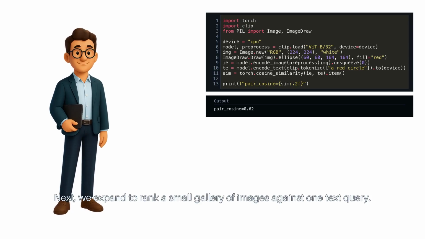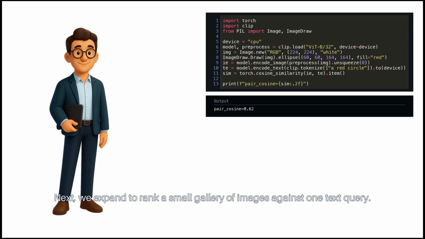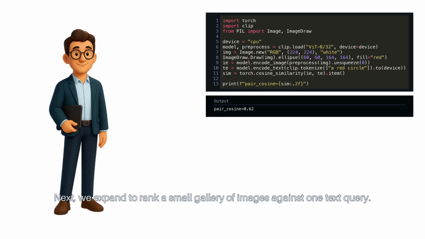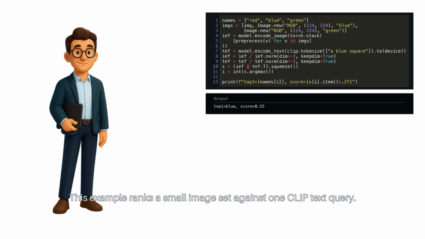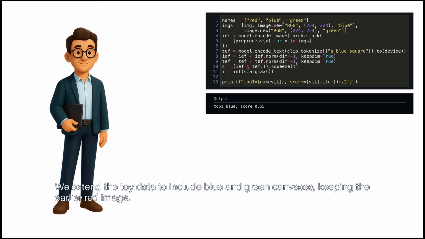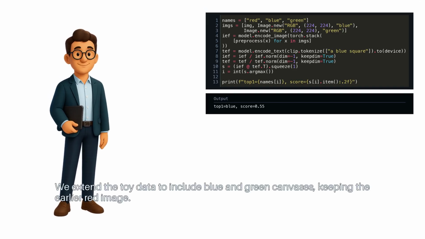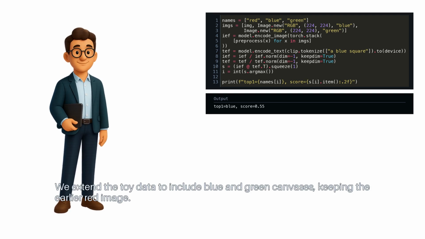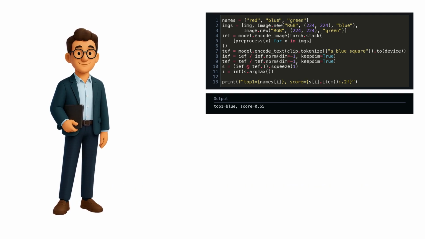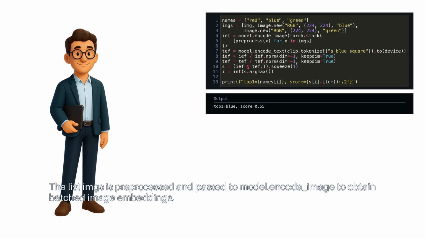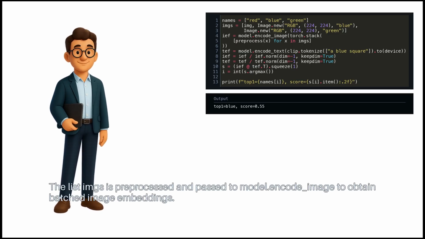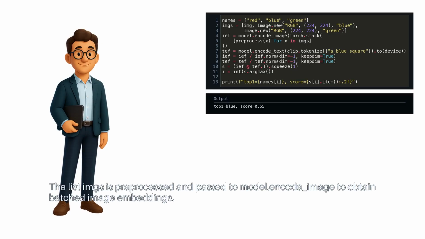Next, we expand to rank a small gallery of images against one text query. This example ranks a small image set against one CLIP text query. We extend the toy data to include blue and green canvases, keeping the earlier red image. The list IMGs is pre-processed and passed to model.encode_image to obtain batched image embeddings.